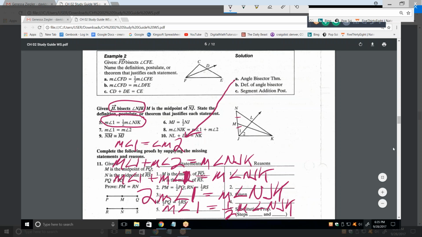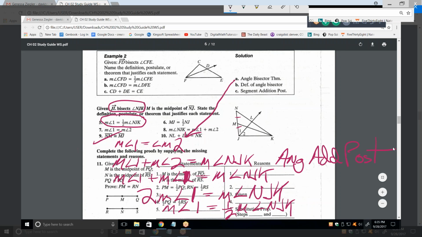Did you follow those steps? I think I left one out, actually. No, I didn't. Okay. First of all, this comes from the angle bisector theorem. The second one comes from the angle addition postulate.